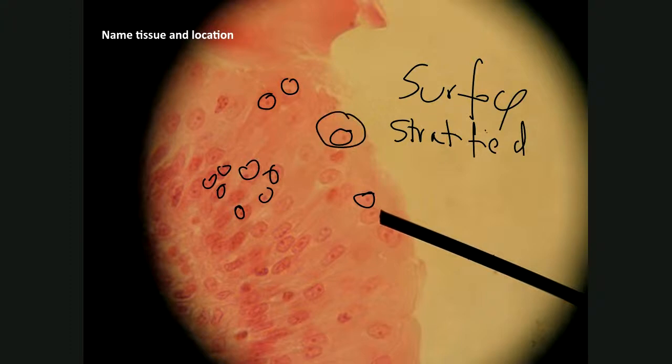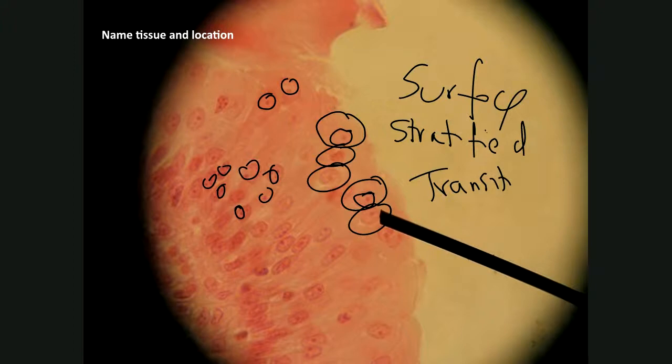So that leaves out the squamous stratified epithelium, leaving us with only one possibility. This is transitional epithelium. Transitional epithelium is found in the urinary bladder. Its function is to be able to transition in shape from round cells to flat cells as the organ expands.